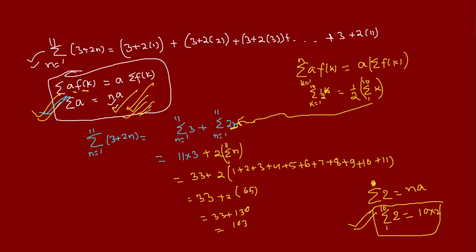I'll tell you in a simple way. If n starts from 1 to n is equal to m, and n is increasing or decreasing, it means your value depends on n.